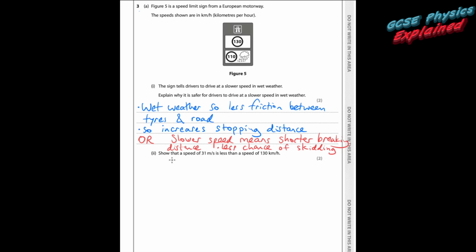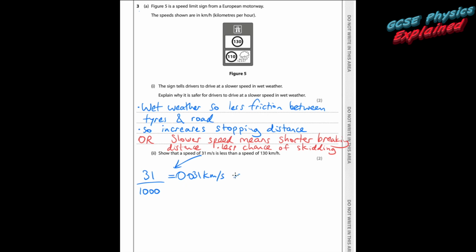Part 2. Show that a speed of 31 meters per second is less than a speed of 130 kilometers an hour. Right, let's convert meters per second into kilometers per hour and see how much it comes out at. So if you're doing 31 meters per second, let's divide that by 1,000 and that'll tell us how many kilometers per second you're doing. So that's 0.031. Now we want to know how many kilometers per hour.